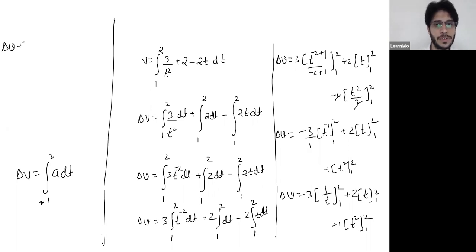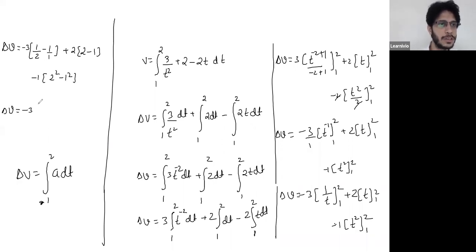So this is delta V, which is minus 3. Instead of t, you can substitute the upper limit. So it would be 1 by 2 minus 1 by 1, plus 2 times 2 minus 1, minus 1 times 2 square minus 1.